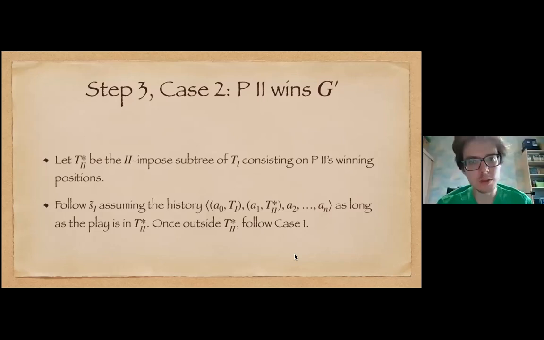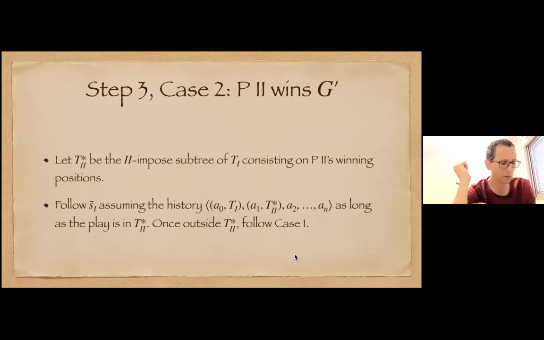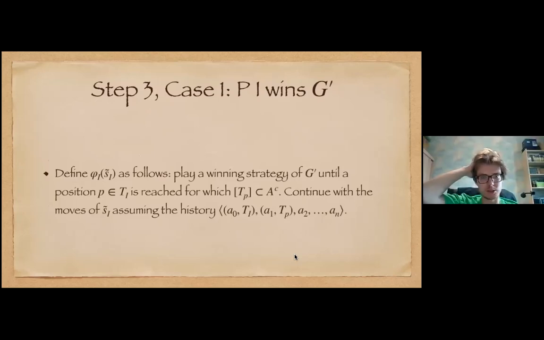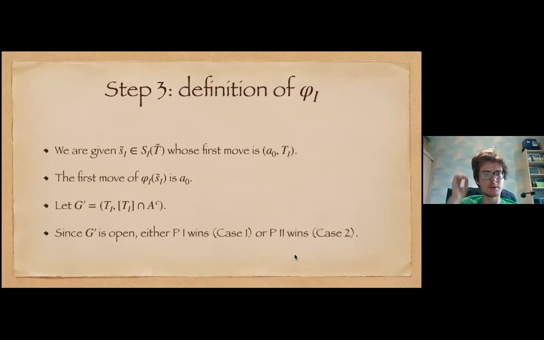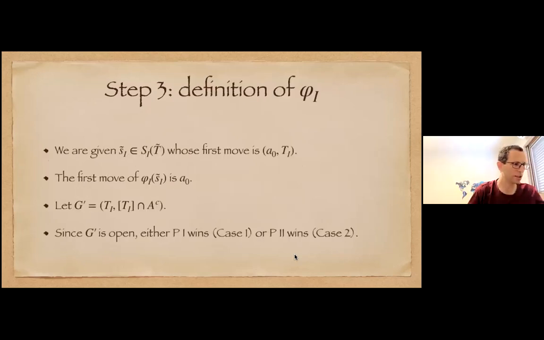Could you please maybe just remind the winning condition of G prime? I just got a little bit confused. Oh, the winning condition of G prime. Well, just its definition. Okay, this is G prime. G prime is a game whose tree is T1.